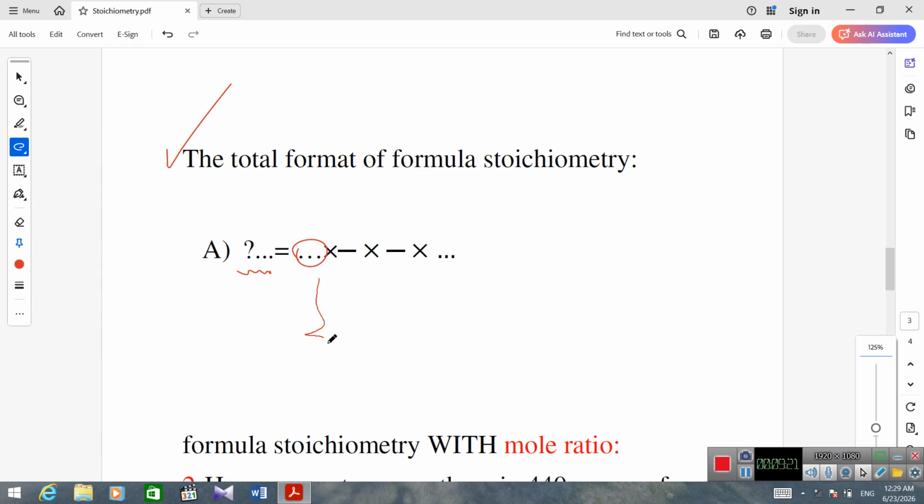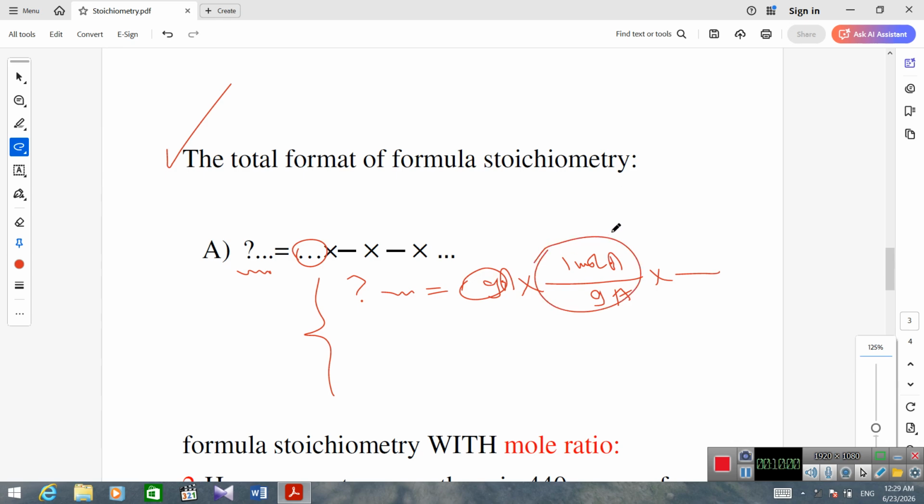But the most important thing is that when we locate the question mark for question data and given data, if the given data is grams of a substance in this part, we must write grams of that substance and 1 mole, for example grams per 1 mole of A, and we continue.